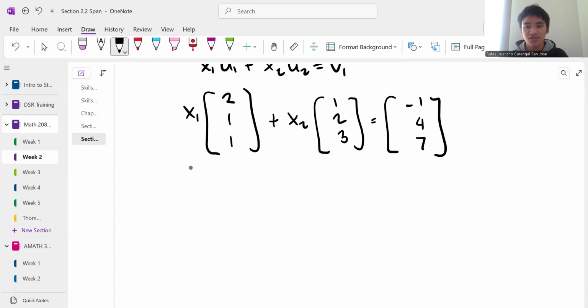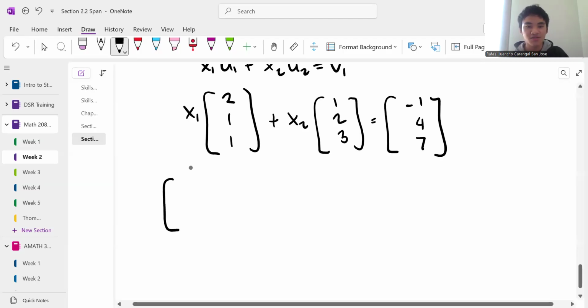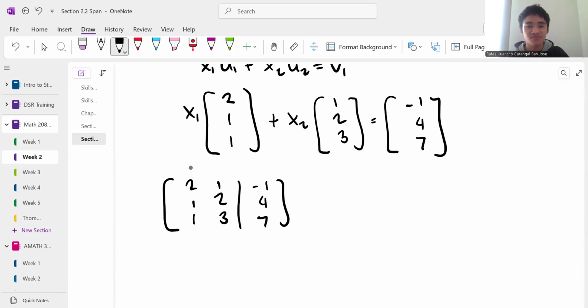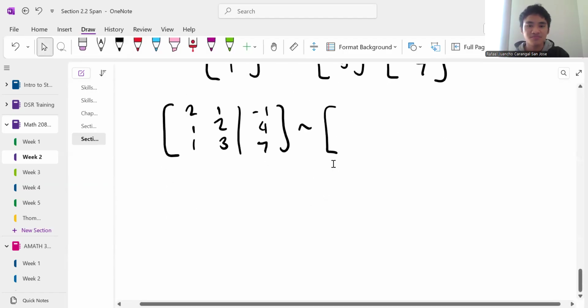The way I would do this, we talked about it, is a vector equation, but we can write this in augmented matrix form. Then we can do Gaussian elimination and all of that tedious stuff. Let's actually do it. 1, 4, 7. Okay, we keep going.